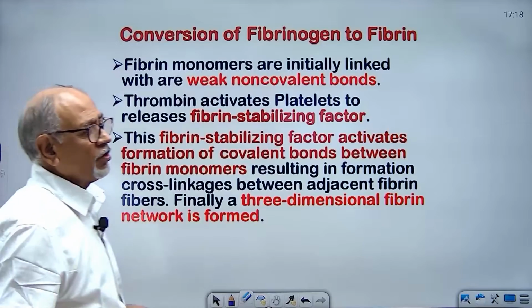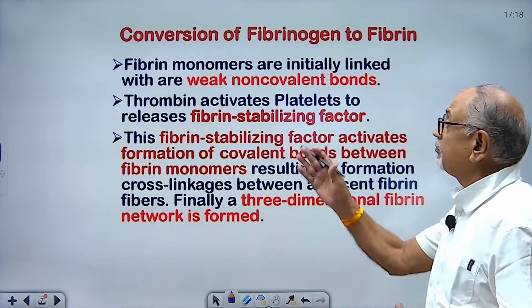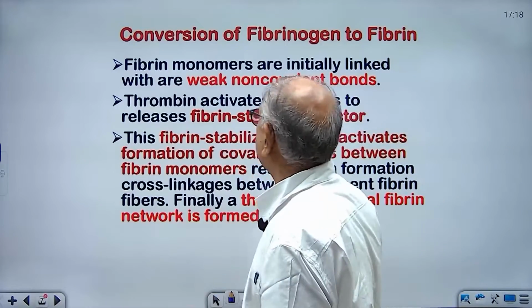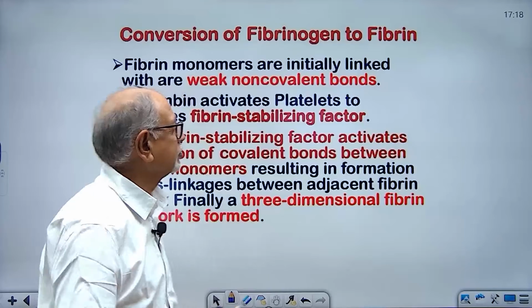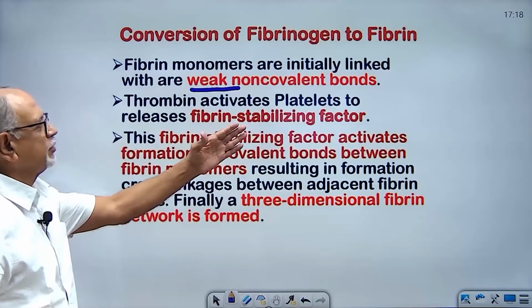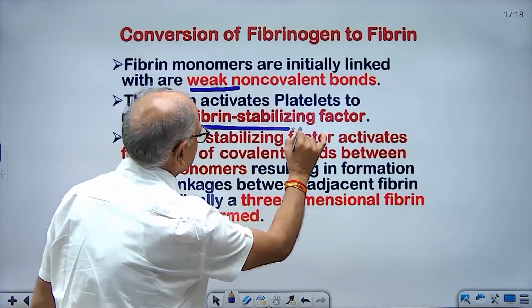Now, conversion of fibrinogen to fibrin. See, fibrin monomers are initially linked with weak non-covalent bonds. Thrombin activates platelets to release fibrin stabilizing factor.